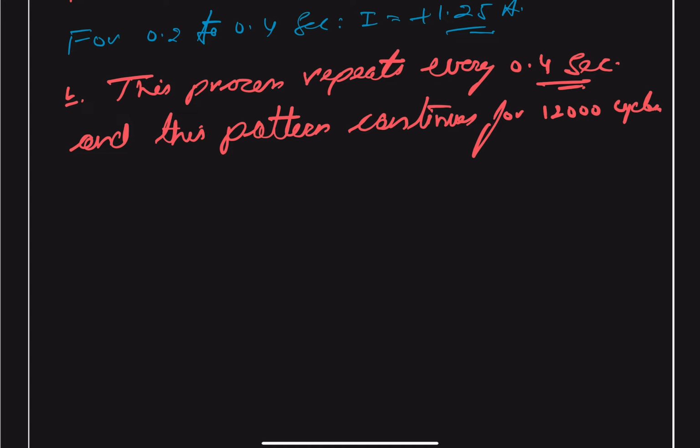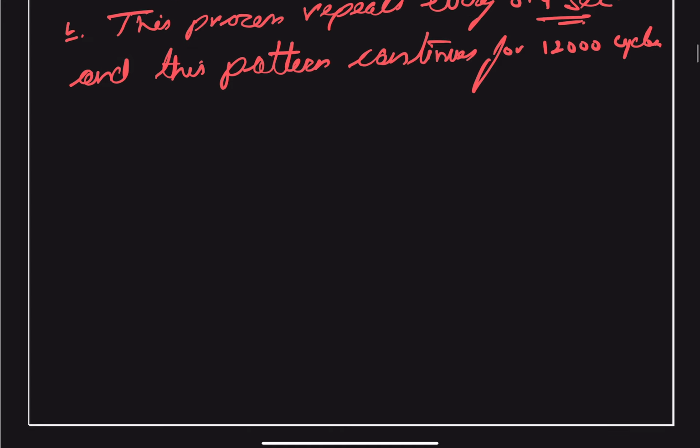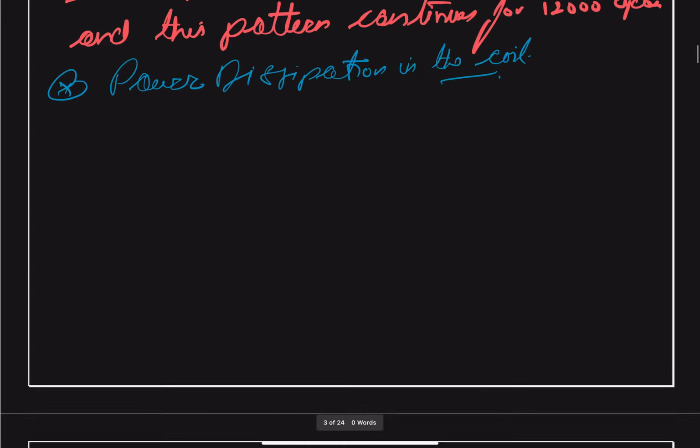Now we are going to find out the power dissipation in the coil. And its formula is quite simple.